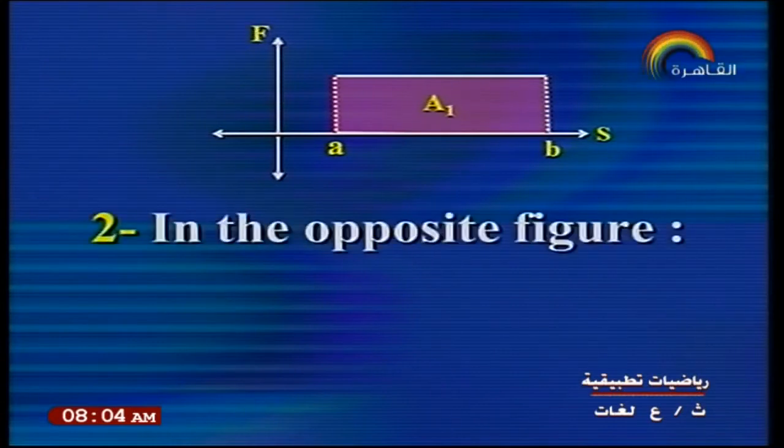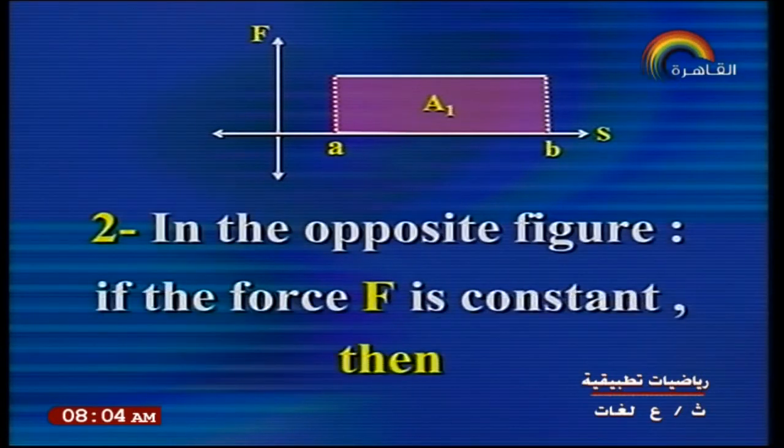In the second figure, dear students, the force F is constant. What do we mean by constant? It is represented by a straight line parallel to the S axis. We have two axes: the horizontal represents S, distance or displacement, and the vertical represents the force F. Excellent, students. F is constant means a straight line parallel to the x-axis, the horizontal axis.